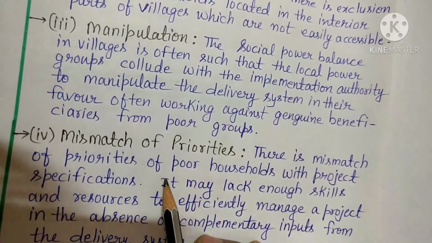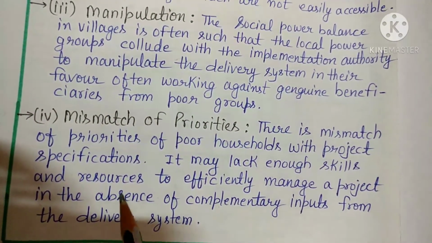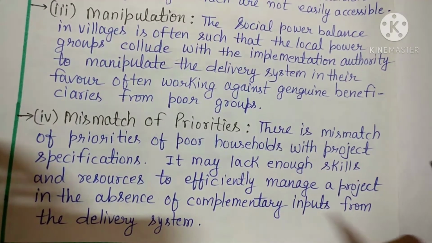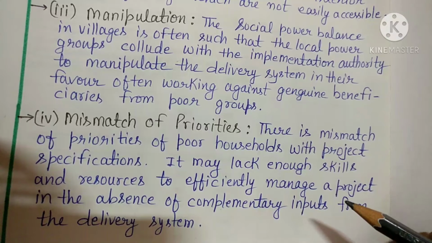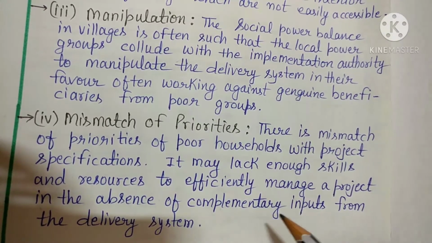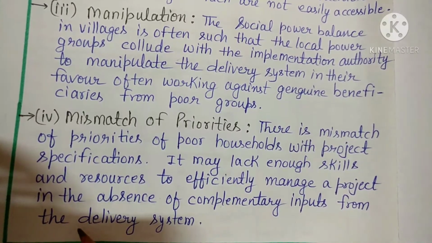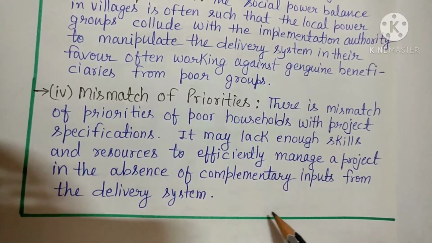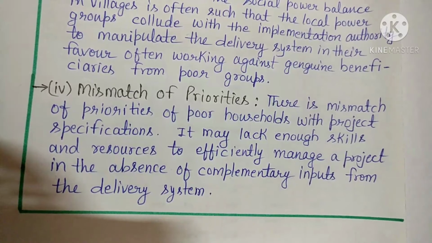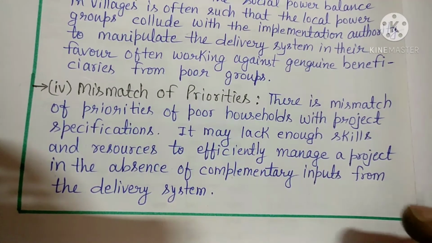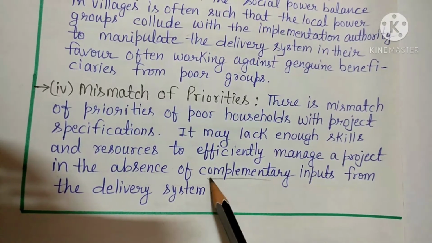Okay, then comes mismatch of priorities. There is a mismatch of the priorities of poor households with the project specification. What projects has the government launched? The poor may lack enough skills and resources to efficiently manage a project in the absence of complementary inputs. Now see, they have given some work to them, but that work is not possible without the machines which are needed, which are complementary and necessary.